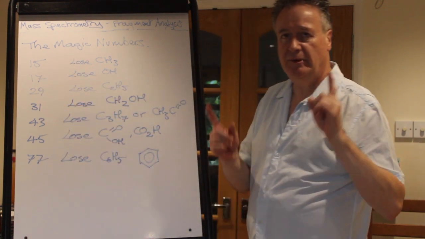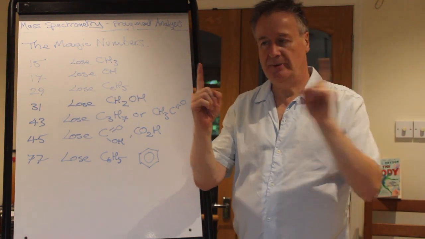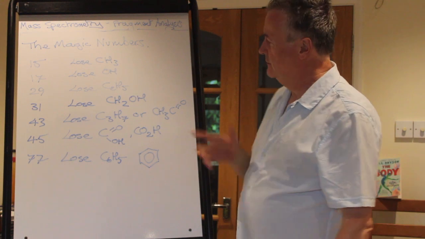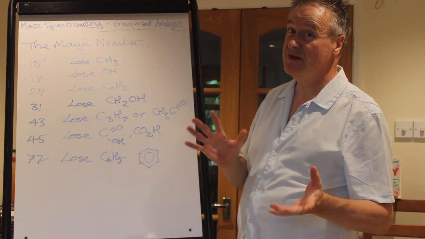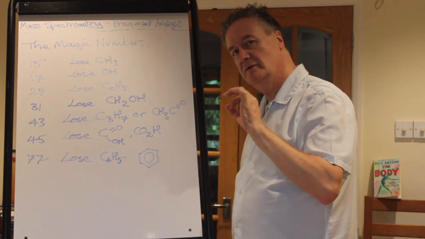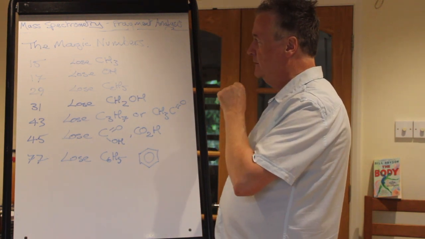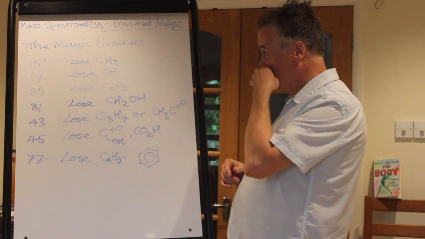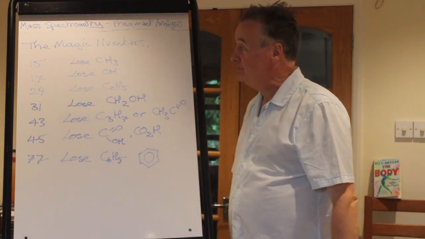So when you look at two peaks, the molecular ion peak and another peak, if the difference between them is one of these numbers, it indicates it's quite likely, well, there are other ways to do it, but quite likely to have been one of these pieces of molecule chopped away. So if the gap between two peaks is 15, you've lost a methyl, 17 OH.